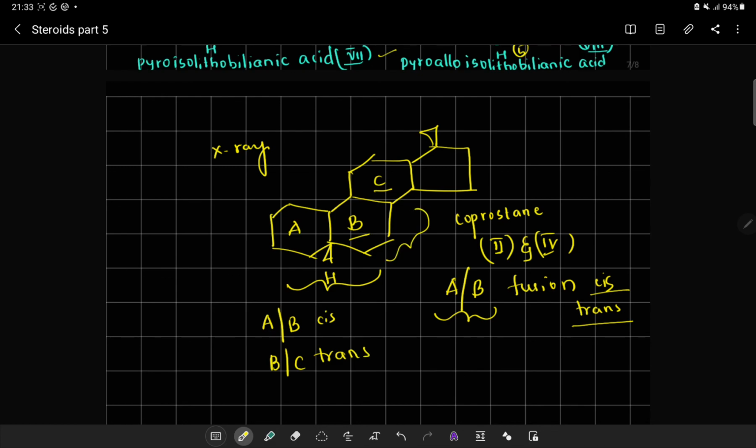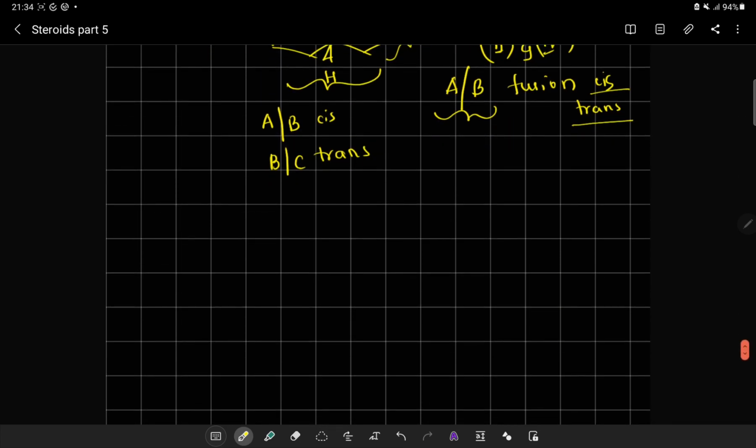This was also given as evidence through X-ray analysis. So with these systems, we could conclude that AB system is cis and BC system is trans. The AB was given by the isomeric acids that we tried to synthesize, and the BC system, which is trans, is given by X-ray analysis.